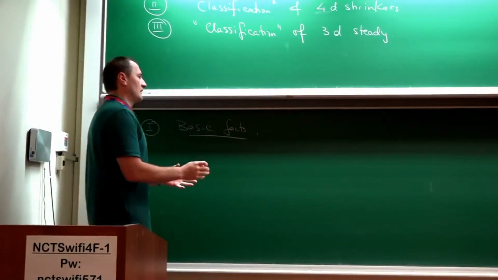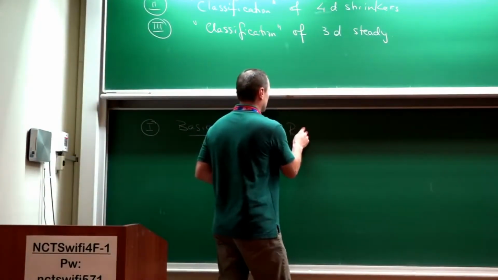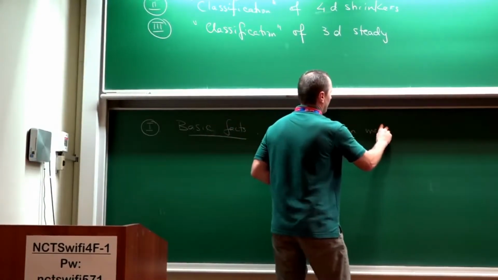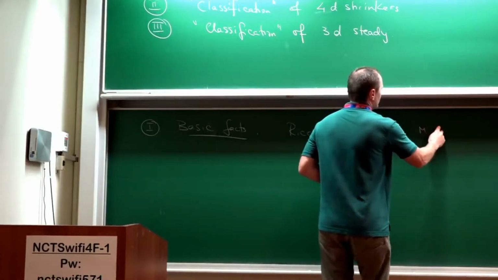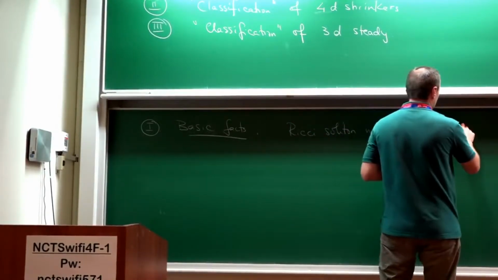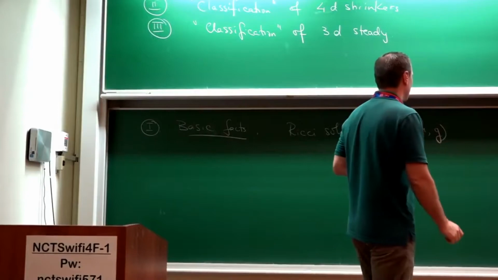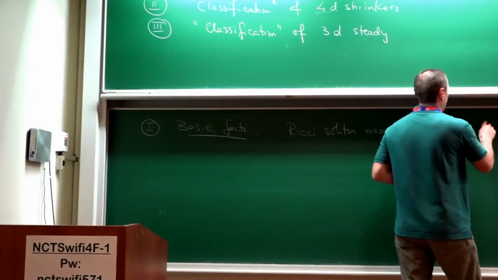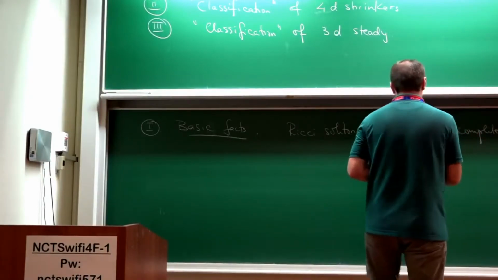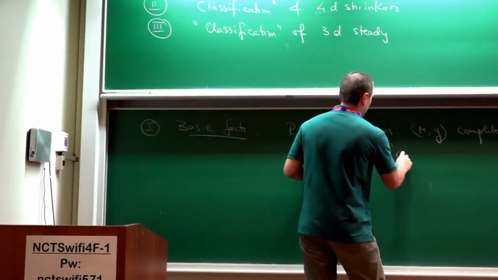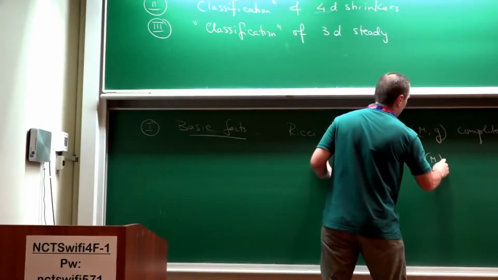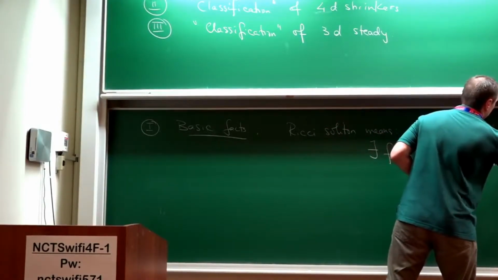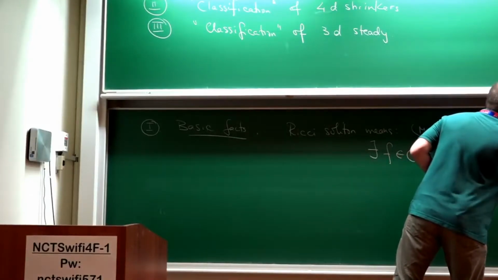So a Ricci soliton means the following. You have a manifold (M, g), and this will be complete, compact or non-compact, but most times will be non-compact. And suppose there exists a smooth function f so that the Ricci curvature plus the Hessian of that function is a multiple of g.